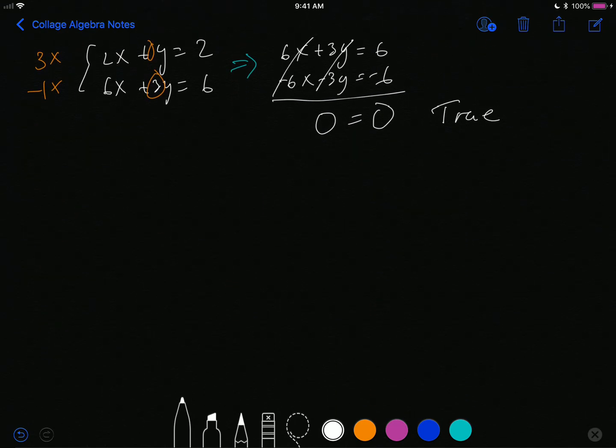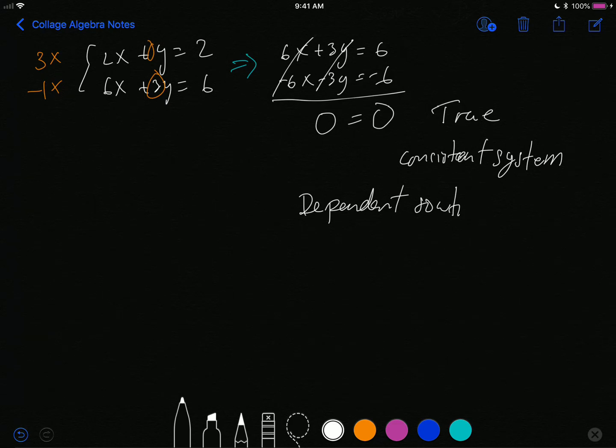So it is a consistent system. In solving this equation, both x and y got eliminated, both x and y went away, and when you have that, you have what's called a dependent solution.